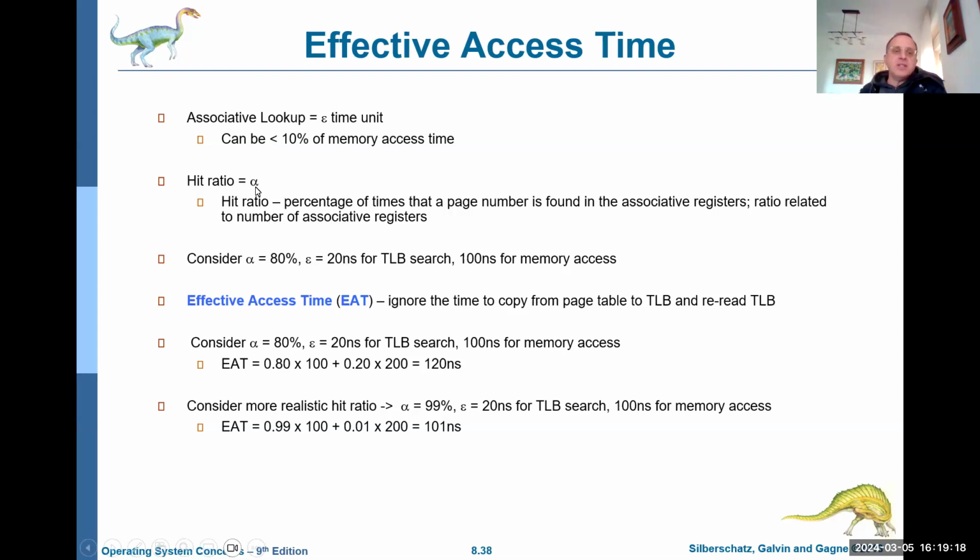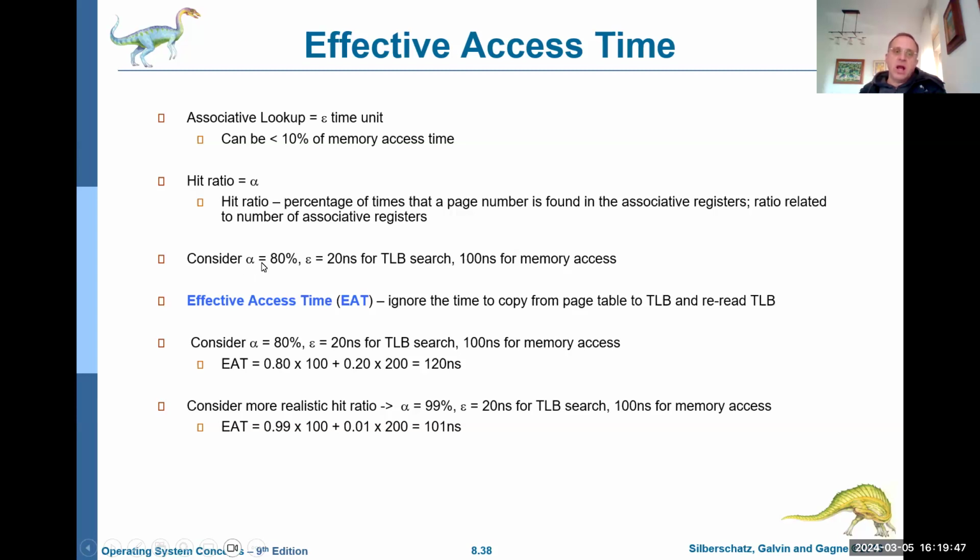And alpha is the hit rate, which is the percent of times that a page number is found in the associative register. The ratio is related to the number of associative registers, right? The more registers I have, the more likely I am to have the one that I want in memory because I have more space.